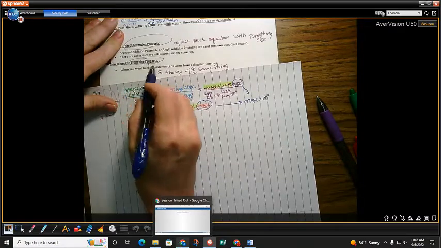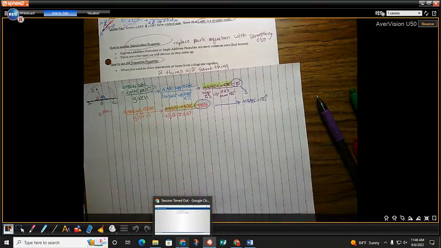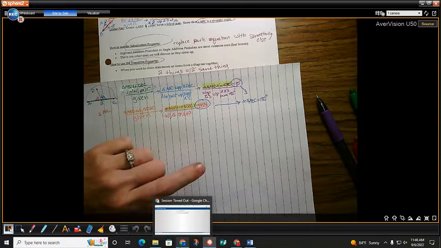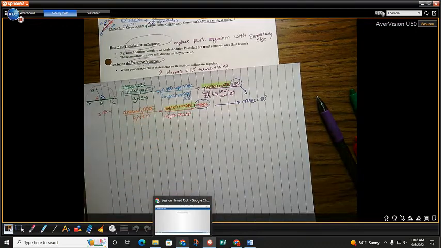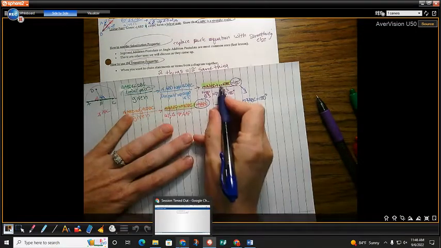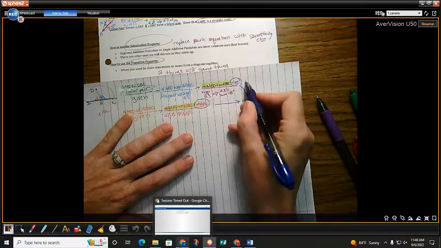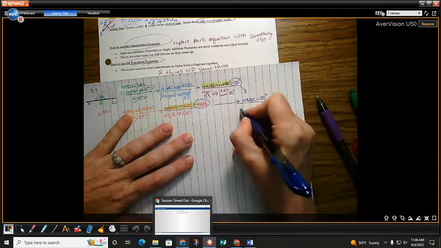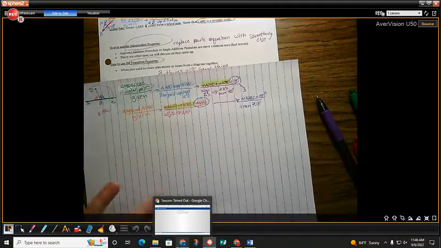Right here in my notes I just circled it. That's my transitive property of what? Equality or congruence? Equality, because see, these have equal signs in them. If I'm using equal signs, it's the transitive property of equality.